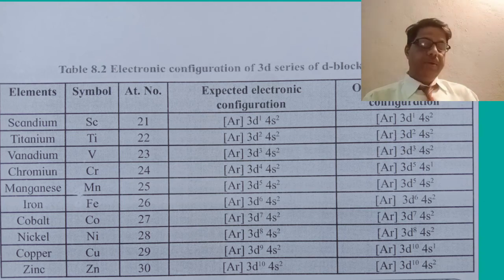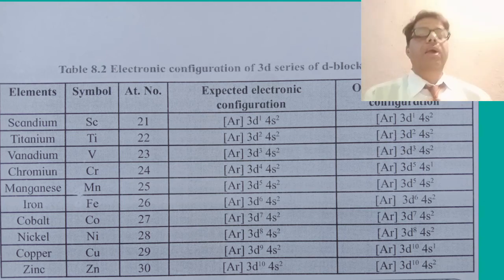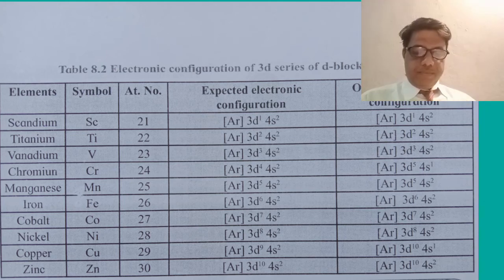So if you observe the electronic configuration for all these elements, we just see the general electronic configuration of the 4 series of d block elements of the periodic table.